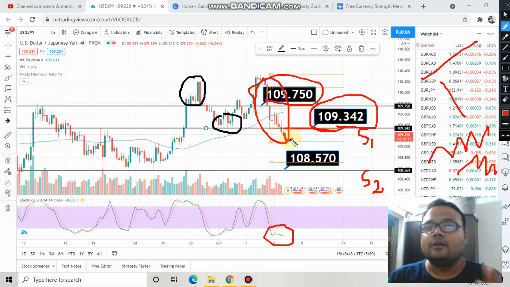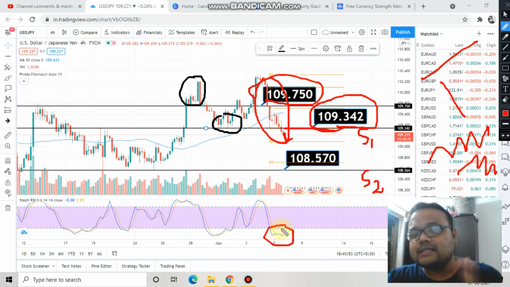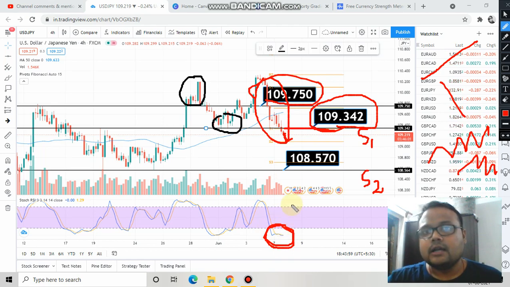Right now, though it is trading below the support, we still cannot be too sure that this support is gone. Therefore wait, observe, and keep your eyes on the stochastic RSI also. When the stochastic RSI is in the overbought zone and about to go down again, look at the position of the price.